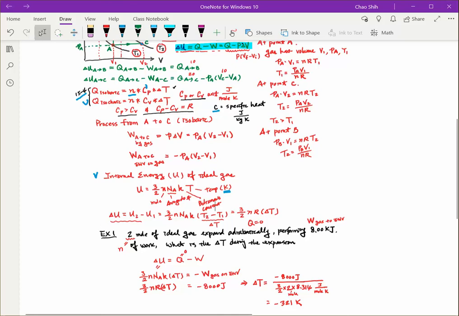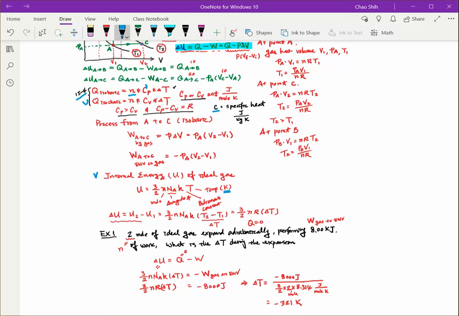The first example that we have is two moles of ideal gas that expand adiabatically. So again, adiabatic meaning Q is equal to 0. The gas performs work of 8,000 joules. This work is the work from the gas to the environment.